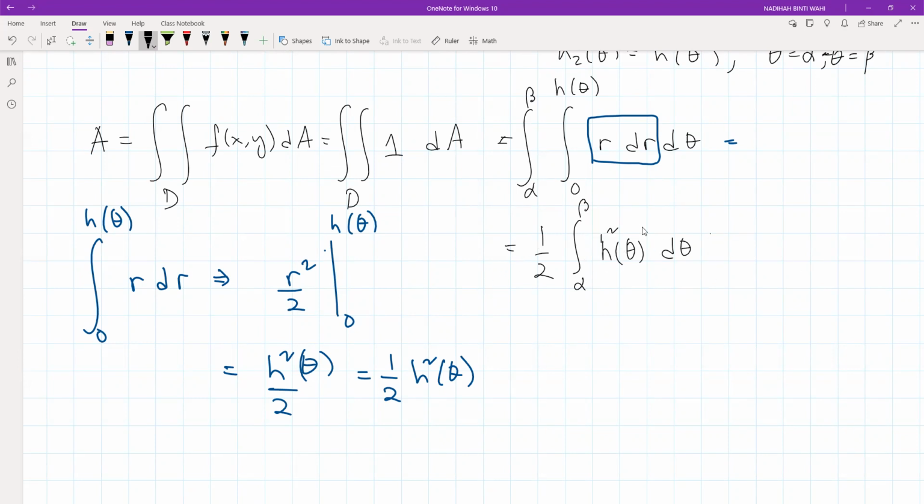Okay, H2 can be anything. Okay, so kalau dia, if it's a circle, so it depends. Kalau H ni adalah a sphere, sebab tu akan dapat H of theta. So you have maybe a sphere or maybe a cylinder.